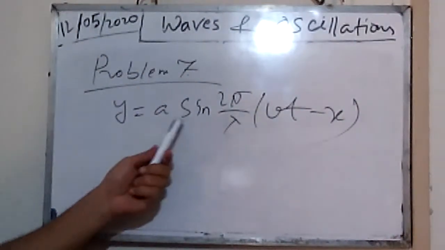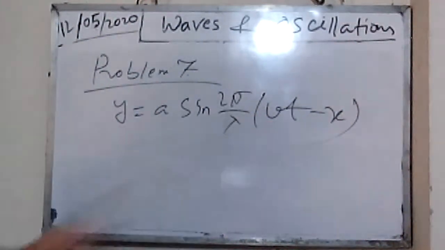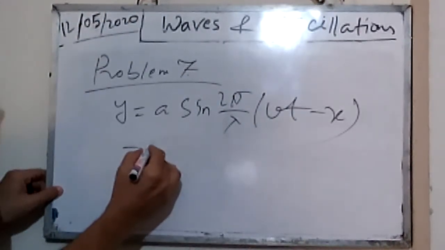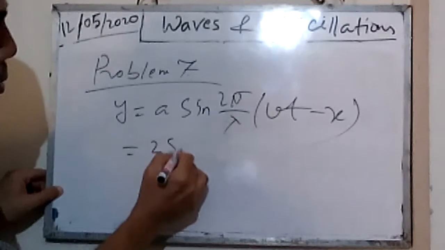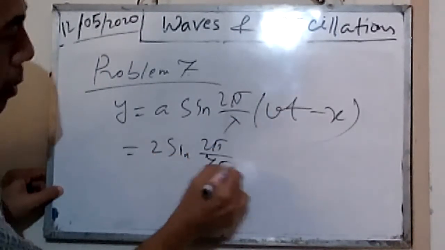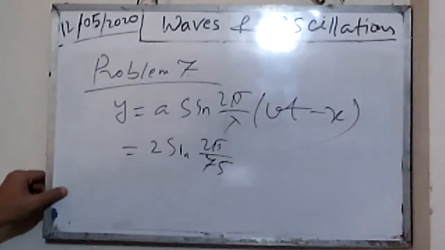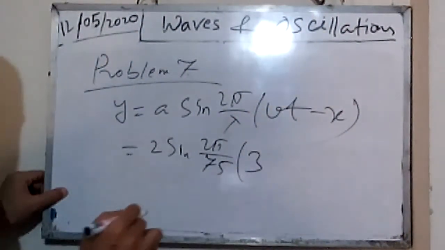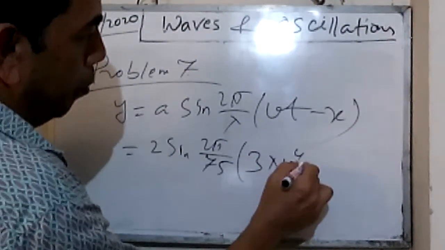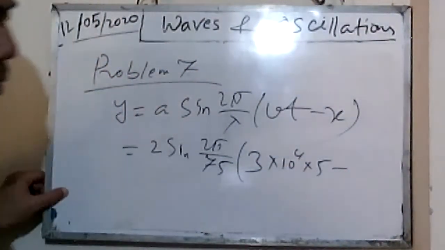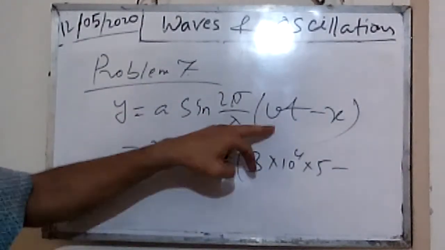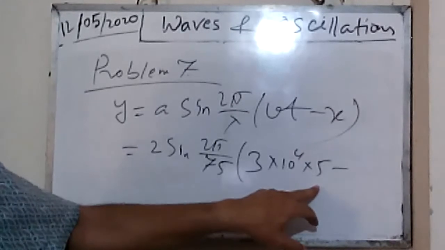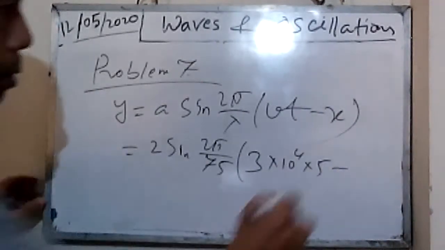Now y equals a sine 2 pi by lambda (vt minus x). So a means 2, sine 2 pi by 75, into 3 into 10 to the power 4 for v, into 5 seconds for t, minus x equal to 4.